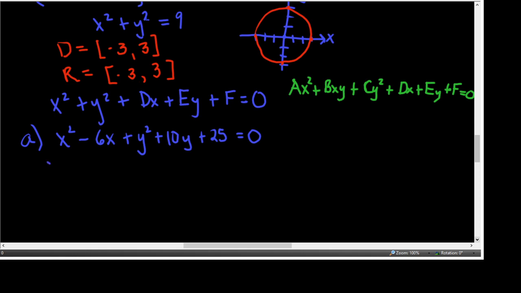To complete the square, when there's a squared variable like x squared and a linear term like minus 6x, we can complete the square by finding a number that we could add to that so that it would factor to be x minus h squared. So to find that number, the rule is that the coefficient of x squared or y squared has to be 1 to do this process.